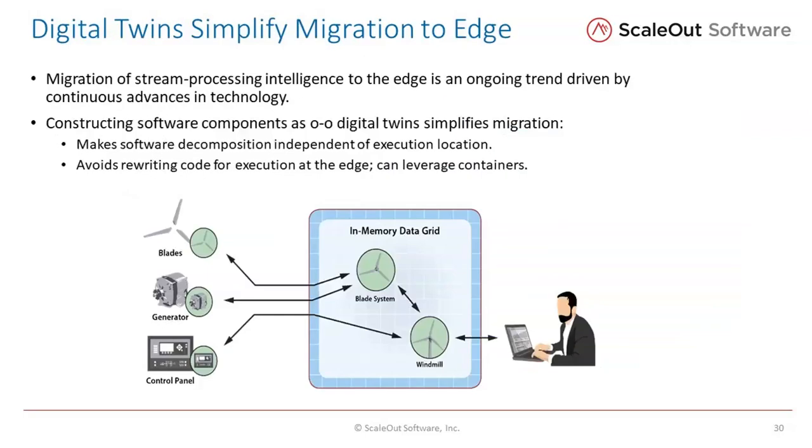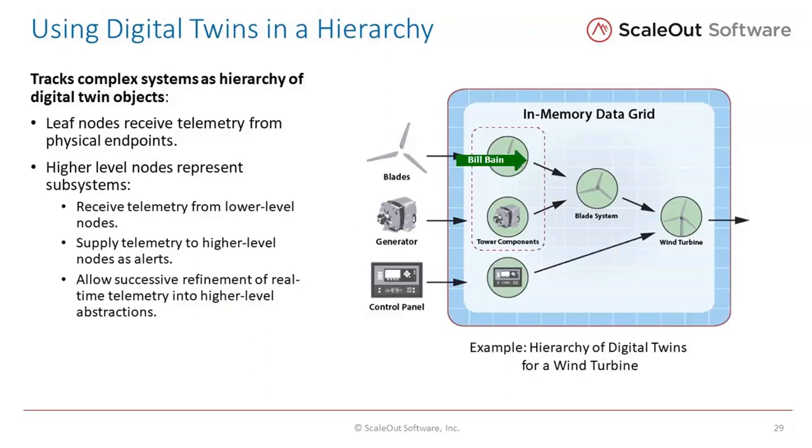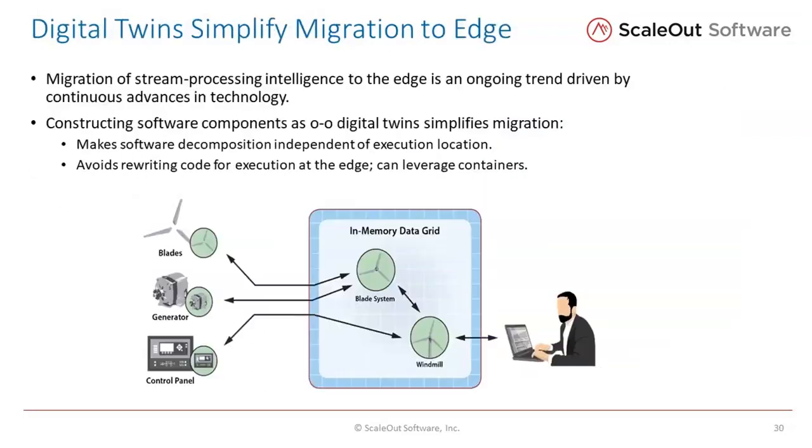A third benefit is migrating to the edge. So if you look back at this one, these digital twins can be migrated to the edge. As we know, processing power at the edge is growing dramatically, and edge computing is all the rage this year and will become even more important. And the use of containers to run streaming analytics at the edge is also becoming prolific. So the digital twin model allows us to migrate functionality without reprogramming for the edge.